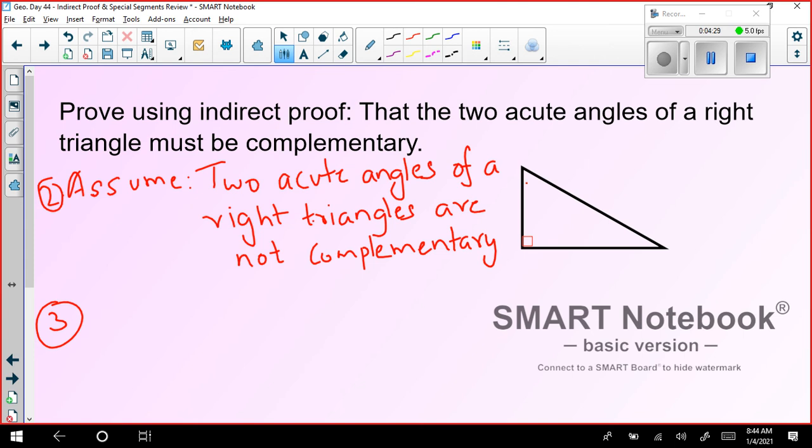Assume this triangle. The sum of angles in a triangle is 180 degrees, in a right triangle as well.